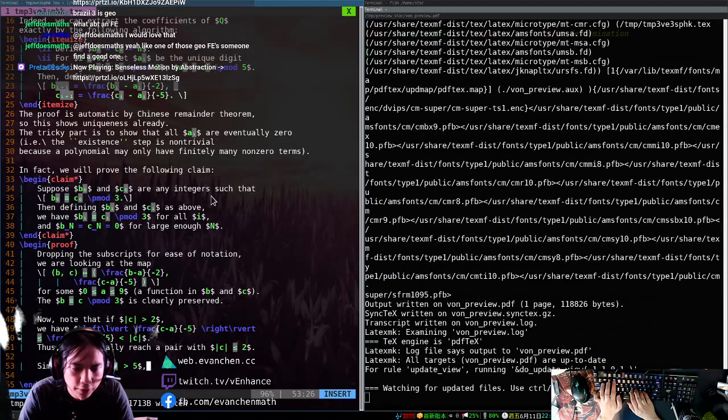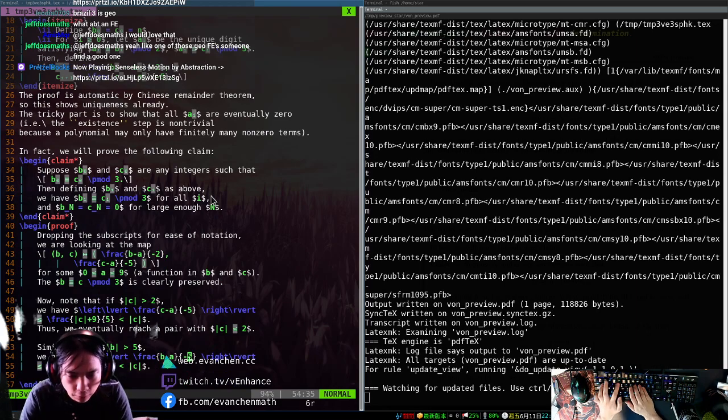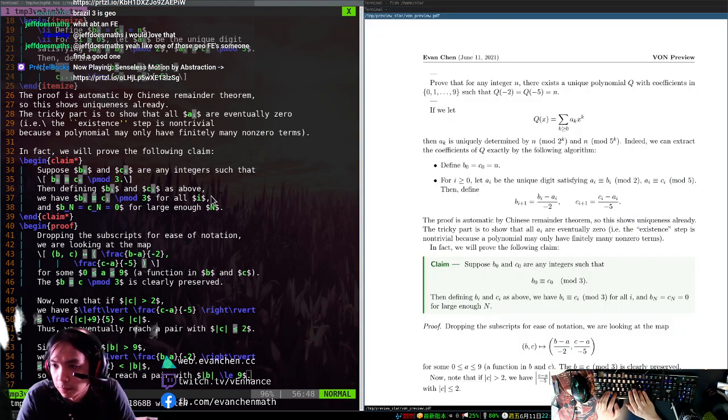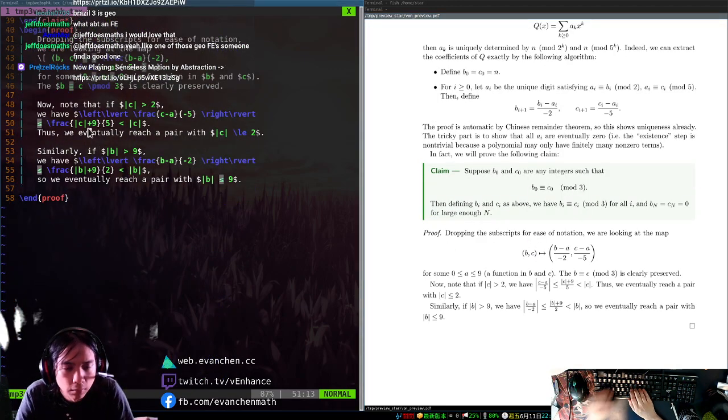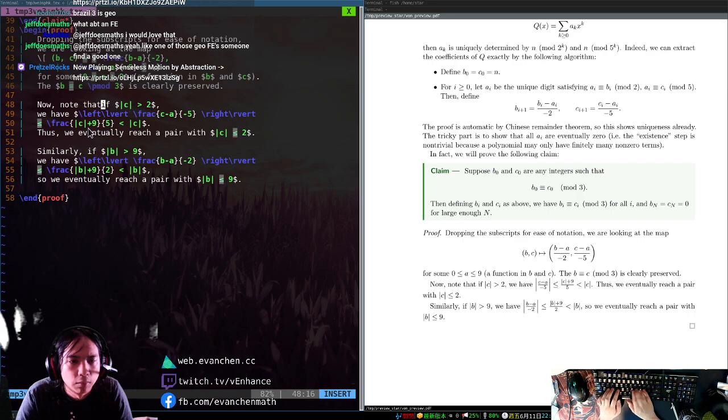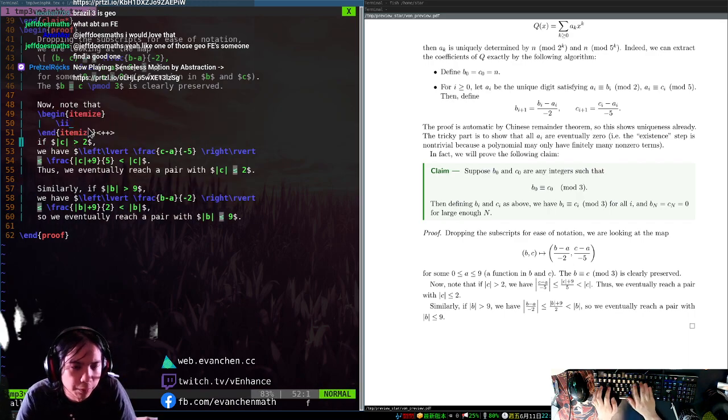In the b greater than 5 case, we have b minus a over minus 2. We eventually reach a pair with b less than 9. I think these are more clear if I type them as bullets.